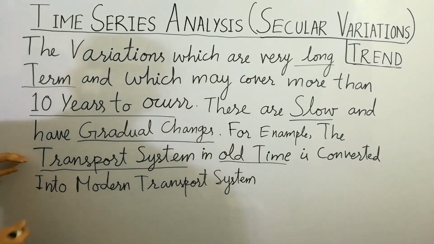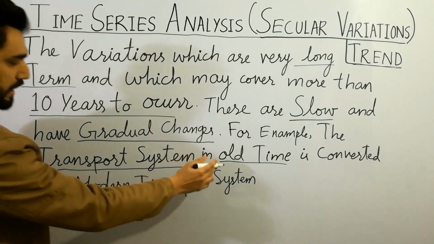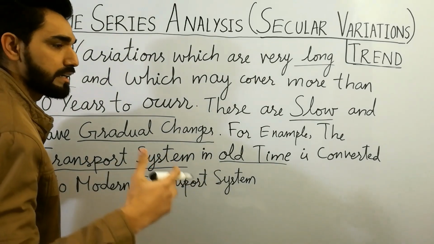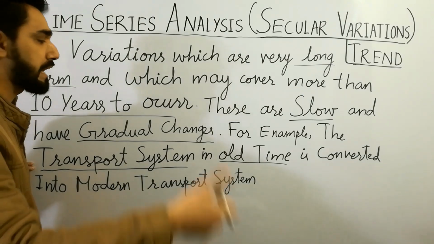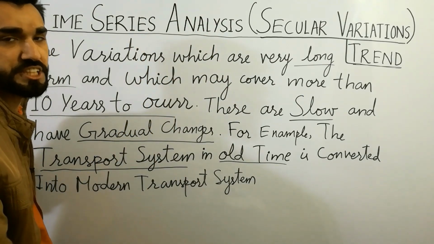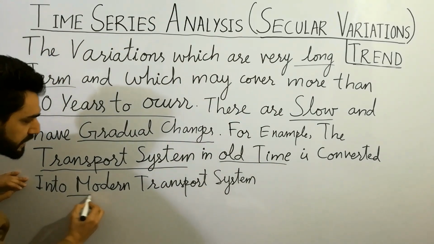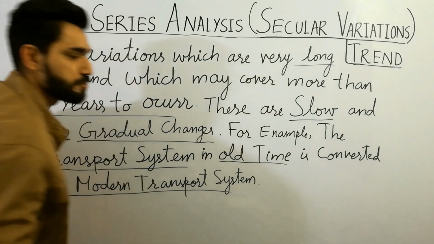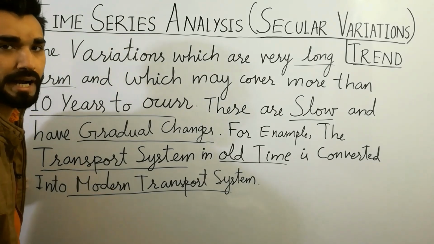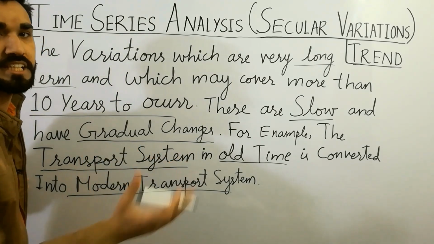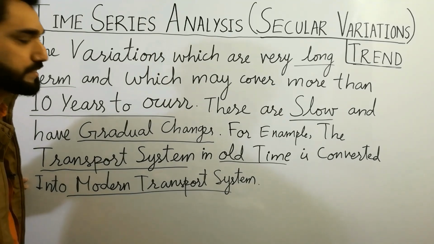I already discussed the old transport system, the camels and horses in the era of 1700, 1600, 1500. But in the modern transport system, we mostly use cars, buses and bikes to travel from one point to another in the era of 2023.